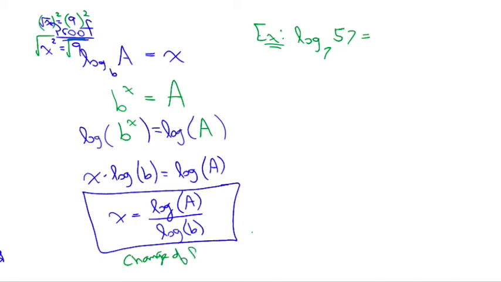So how would I find log base 7 of 57, approximately? What would I type into the calculator? According to that formula, log of 57 over log of 7. And that's it. And it gives you an answer.